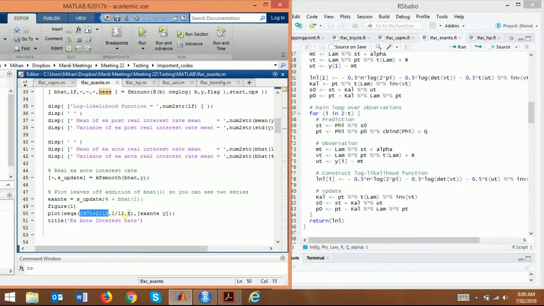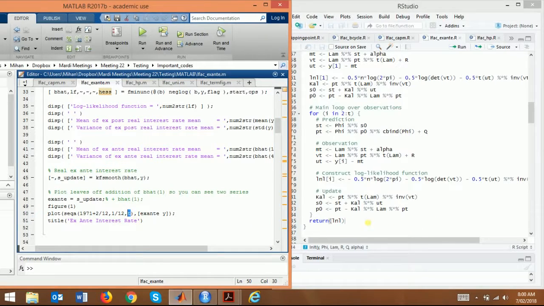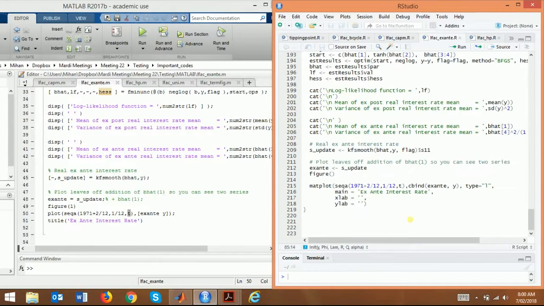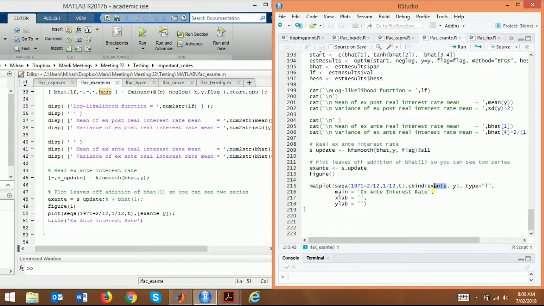So it starts and it will continue to increase the steps until the total number of values is achieved. So SECA, and plot this against ex ante and y. Beautiful. That will give you a beautiful forecast. It will be a forecast of interest rates against y.